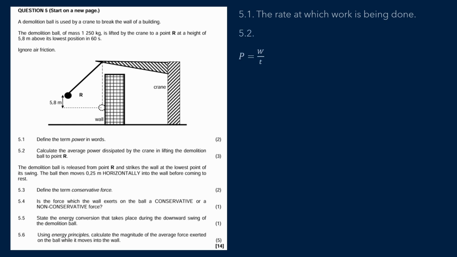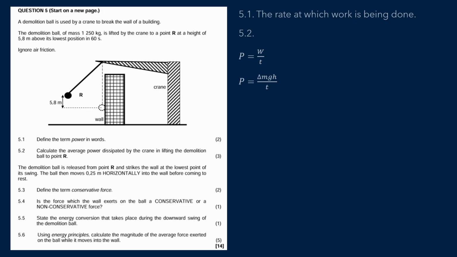Here, first thing is that power is equal to work done divided by time. You know that formula. And now, I substituted in the work done as change in potential energy, and I've neglected the kinetic energy. Why? Because at start, the crane and the ball was at rest, having zero velocity.